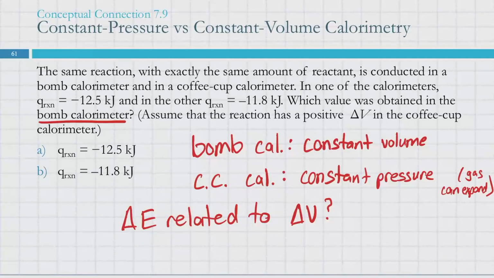Is it expanding into a vacuum? It's expanding into the atmosphere. So if it's expanding into the atmosphere, what's happening to the gas that's around it? It's being moved, right? The gas in the coffee cup calorimeter is causing the other gas to move. When you push something, does that take energy? Yes, that takes energy. So we're doing some pressure volume work.